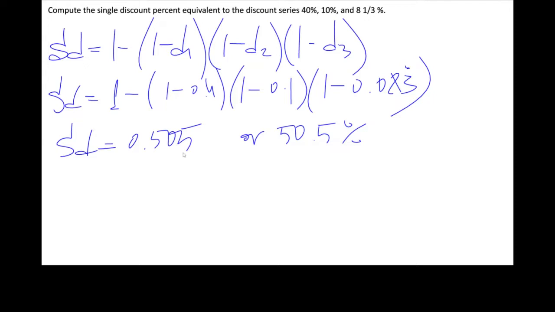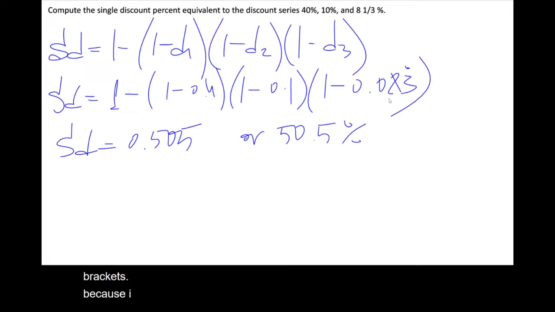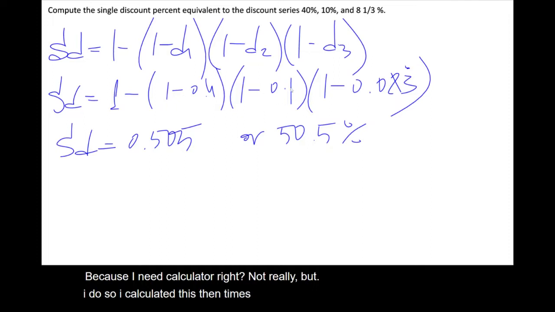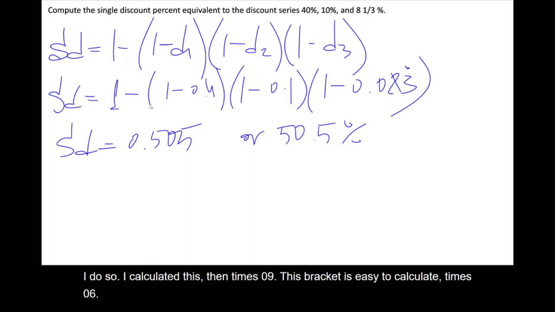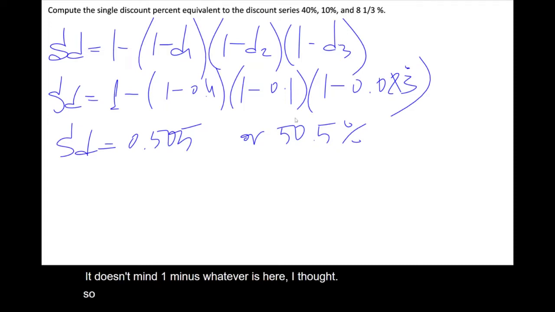So to make life easier and to calculate this faster, first I calculate these brackets because I need a calculator, right? Not really, but I do. So I calculated this, then times 0.9, because this bracket is easy to calculate, times 0.6. And then 1 minus whatever is here, I found. So can we continue, guys? Are you ready?